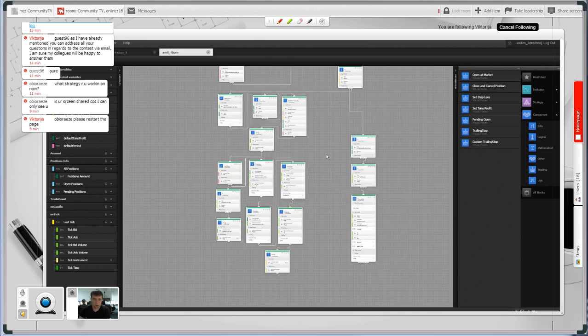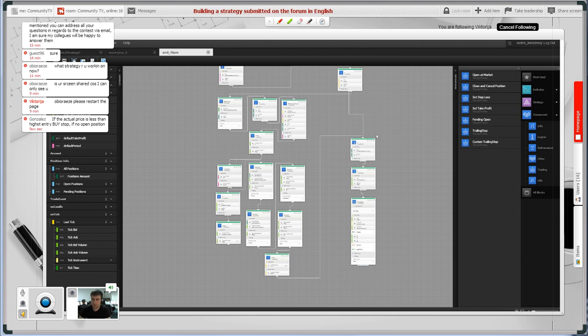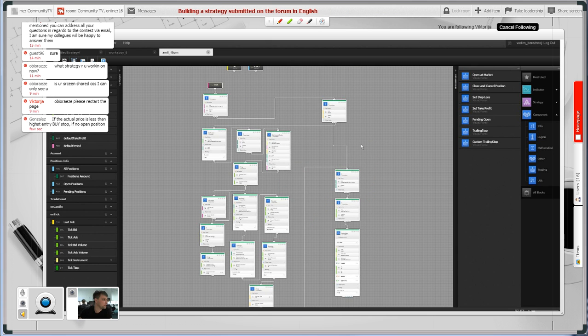Yes. So all this thing is our starting procedure. After it's finished, we go to opening procedure. So we connect it here also. Got it. This is less highest entry.